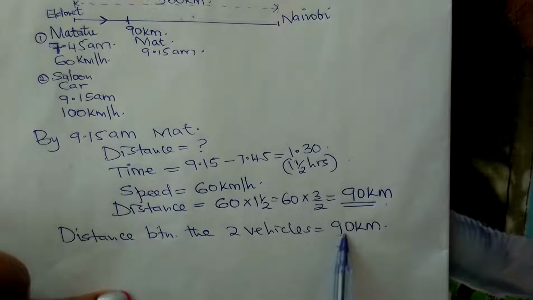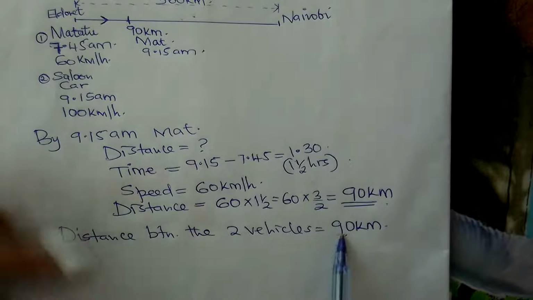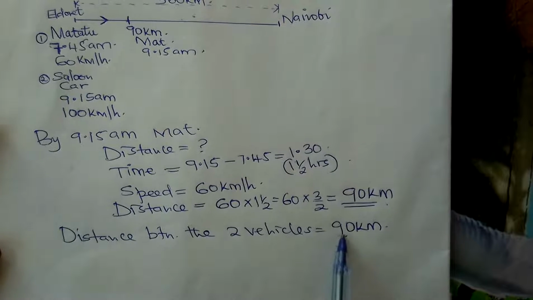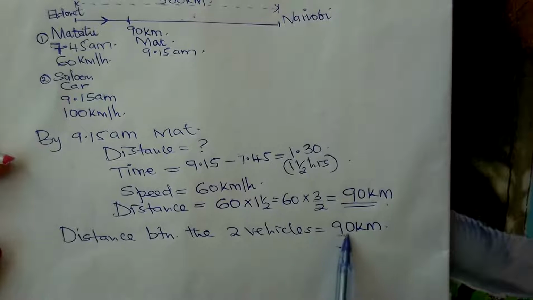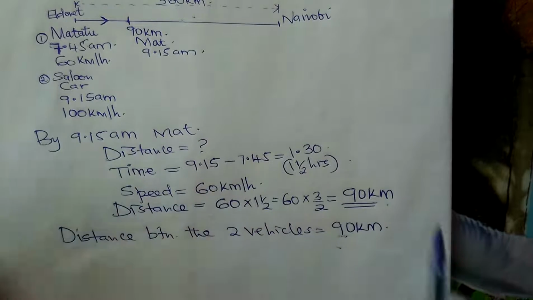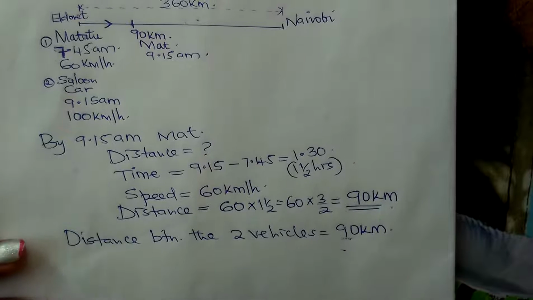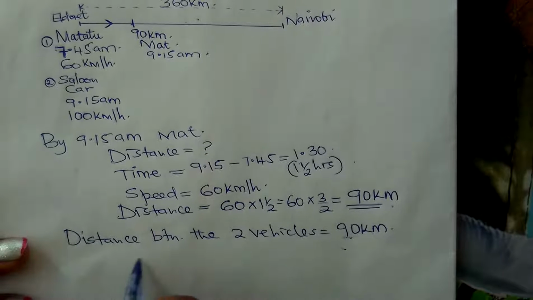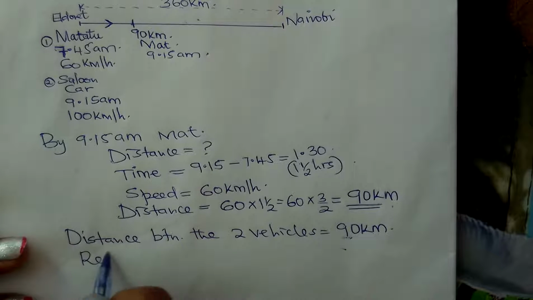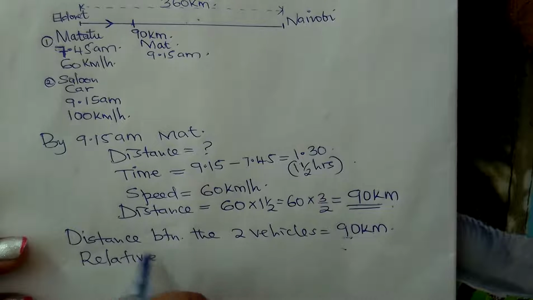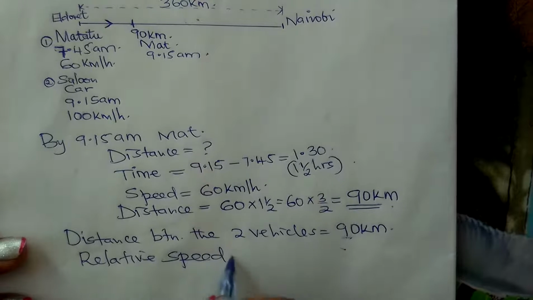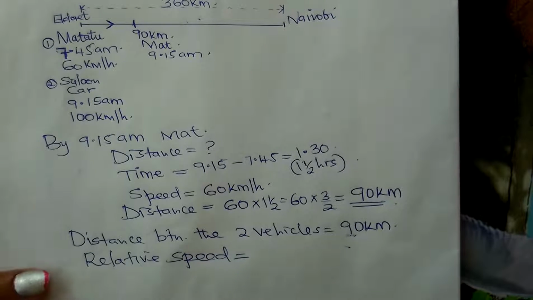And this is the distance that the saloon car has to reduce to 0 for it to overtake the matatu. The saloon car has to bridge this distance for it to be able to overtake the matatu. And therefore, learners, you talk of the relative speed. They are moving in the same direction. So what is the relative speed here?